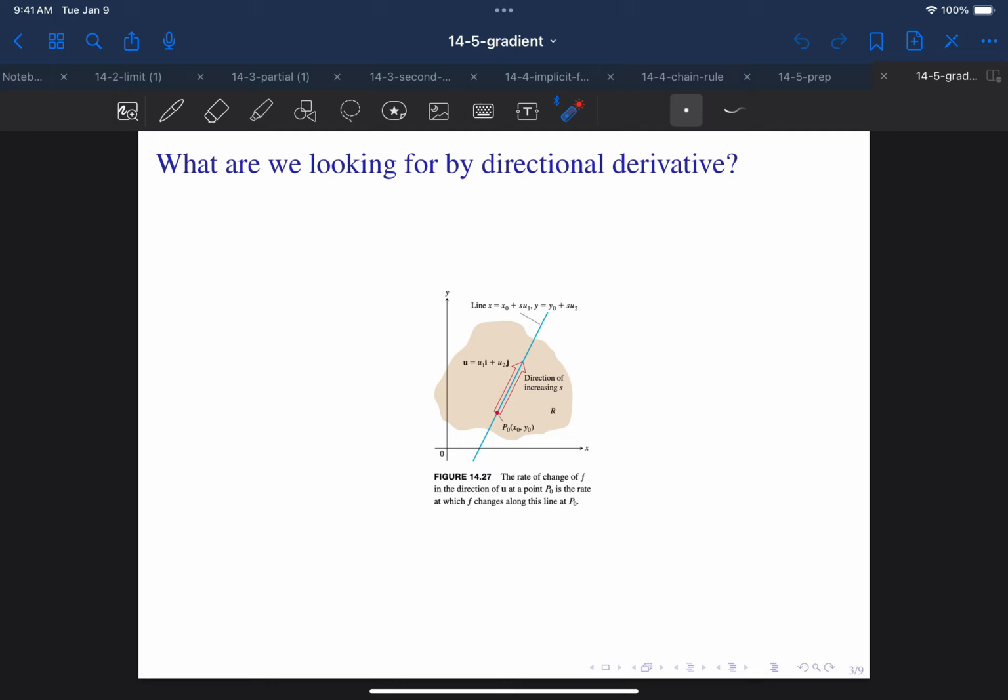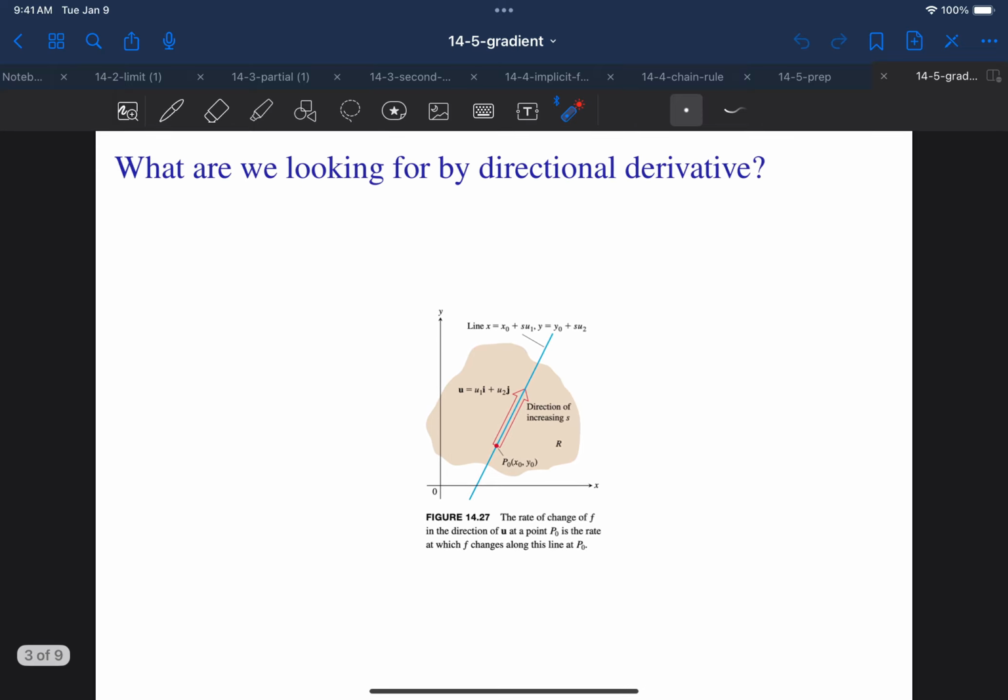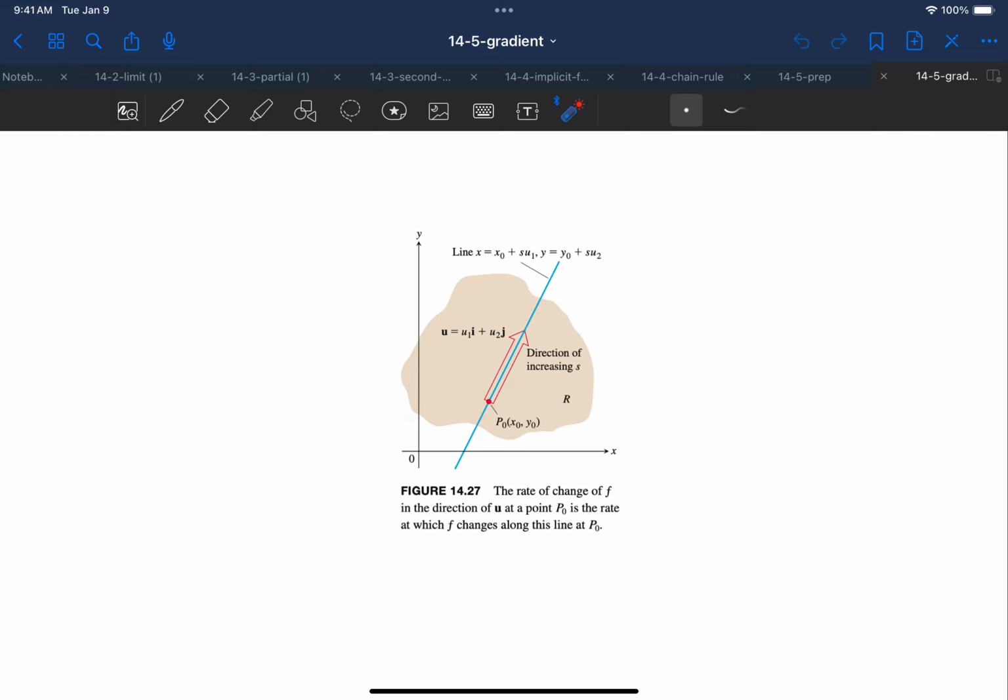So what is directional derivative? Or what are we looking for by directional derivative? We can imagine there is a mountain, a territory, and you're supposed to look for a fast way to go to the peak of the mountain.